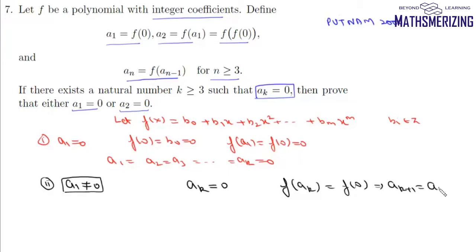So ak+1 is equal to a1, and again if we take f here, f of ak+1 is equal to f of a1, and f of a1 is a2. So ak+2 is equal to a2.